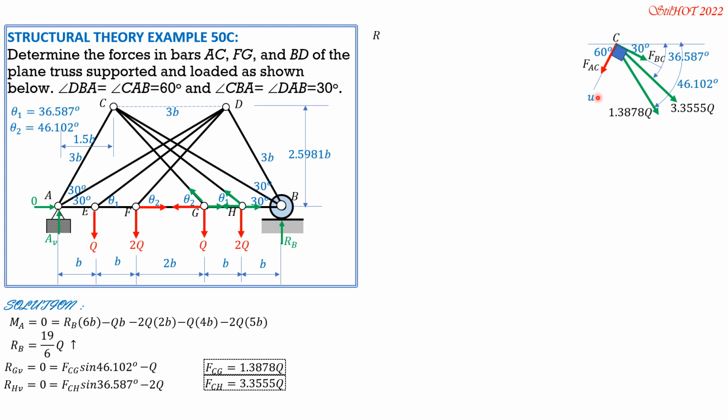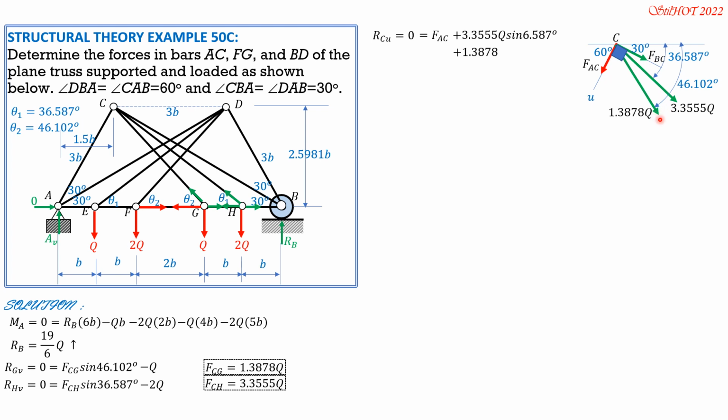So let's call this U axis. Sum of forces along U equals 0. F_AC is in that direction, so equals F_AC. The component of 3.355Q in that direction is plus 3.355Q sine of 6.587, where 6.587 is 36.587 minus 30.